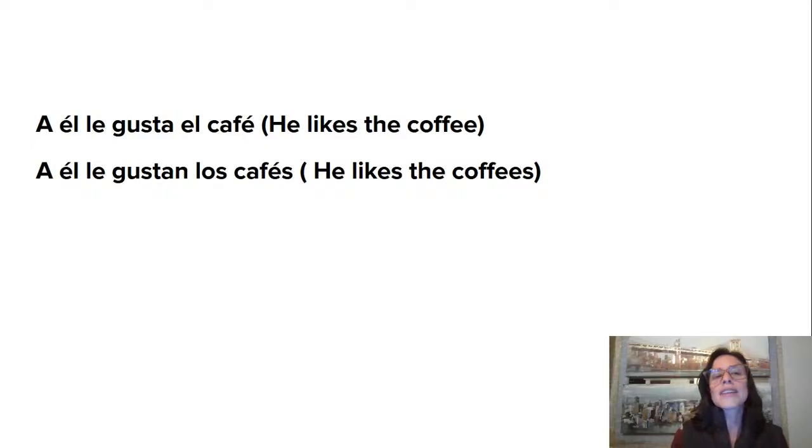So the stress of a word helps understand where this accent mark is, even though it is not always written. Okay, why is it written sometimes and why isn't it written sometimes?